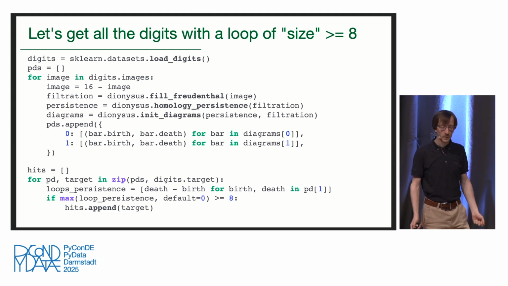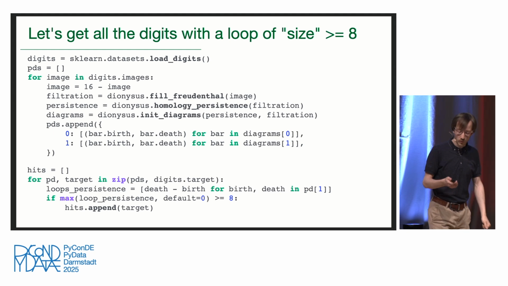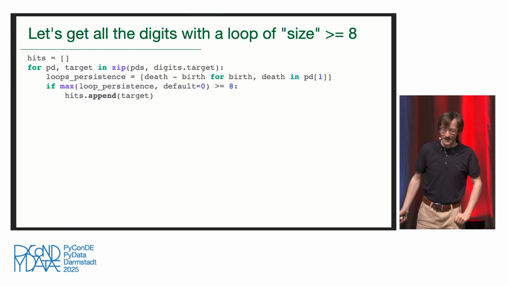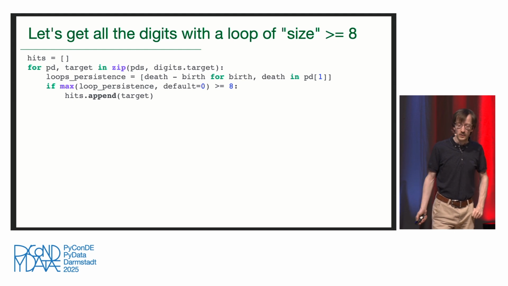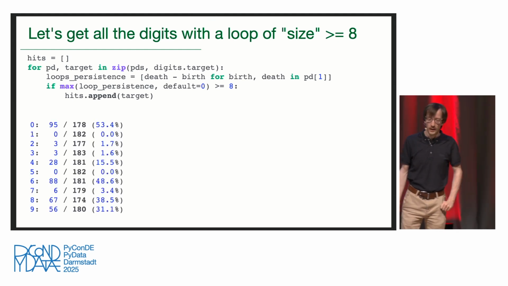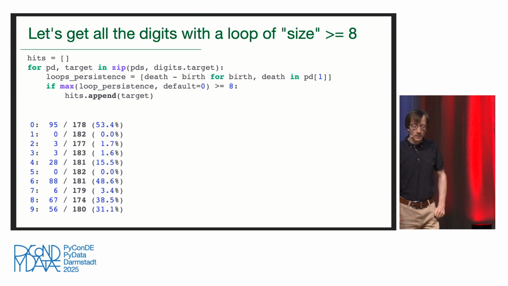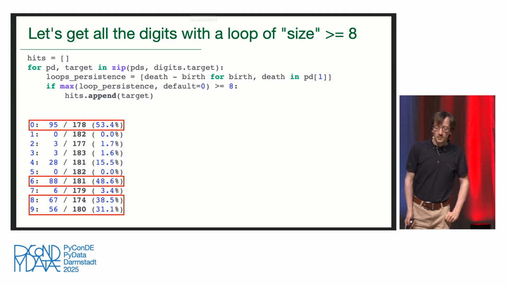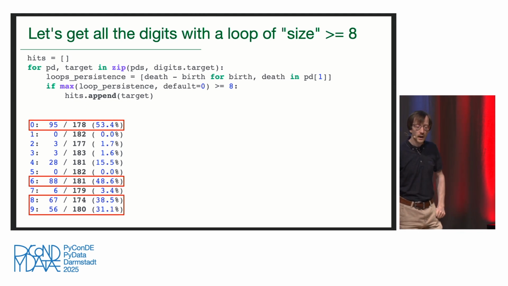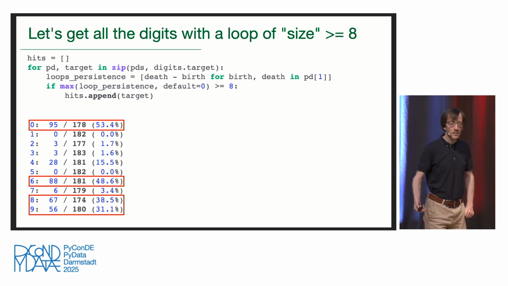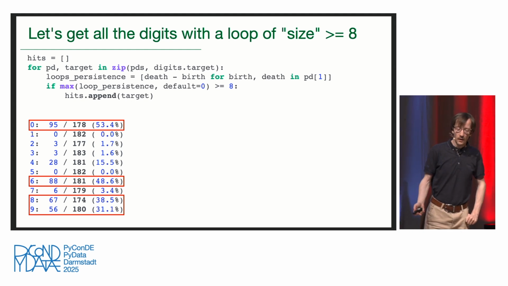And so, it's not as good as I actually hoped for when I was putting the example together. But again, it's just silly examples that I'm showing so that you get intuition about what the analysis is about. So it's not great, but it's also not too bad, right? You see that for the ones that we would expect, zeros, 6s, 8s, and 9s, we actually got some, and we got many more of those than the other ones that don't have loops.